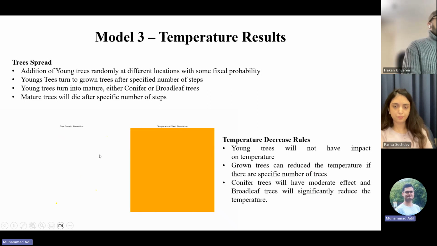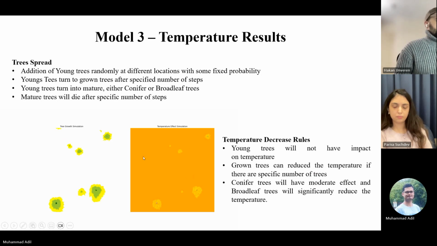And then we can also see in the simulation that after some steps, the tree will start dying here. As for the temperature impact, when the young trees are added, we will not see any kind of impact here. But when they turn into the grown stage, then we can see that they start having an impact on the temperature.